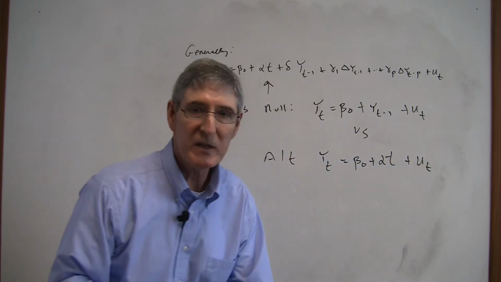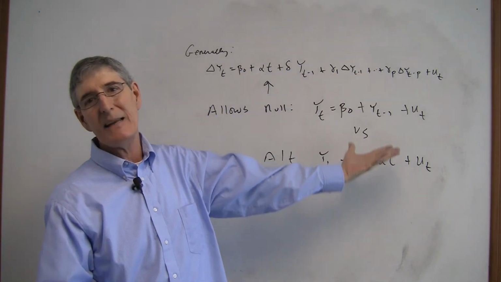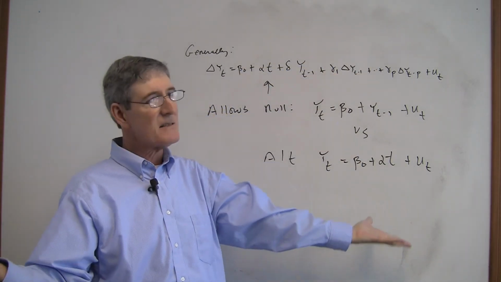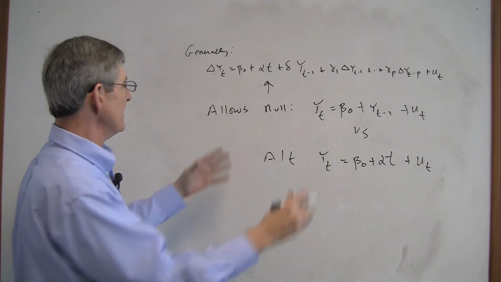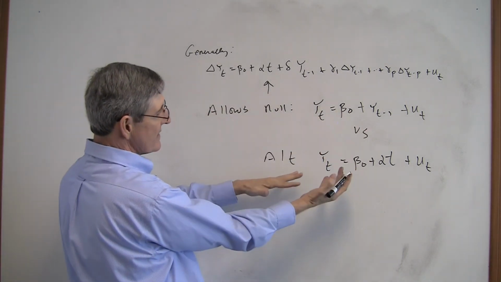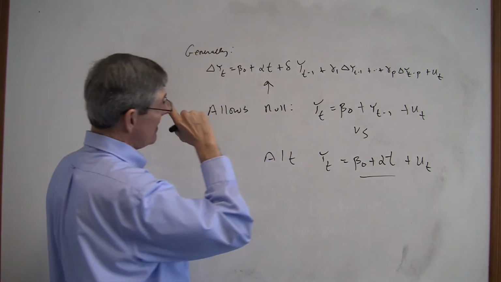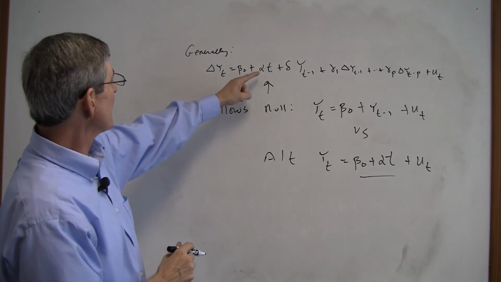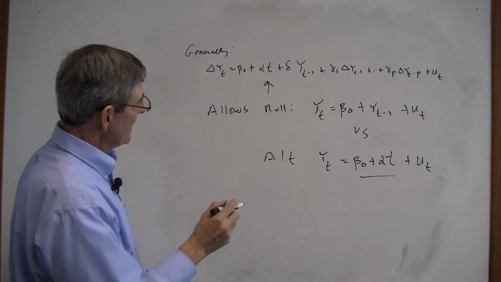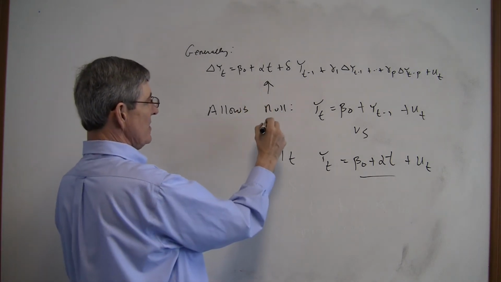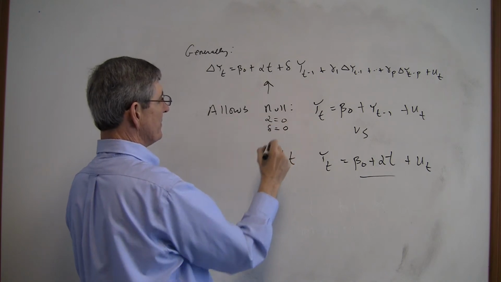So this is the test we usually do. You can see from the data that it has a trend. Y_t has a trend. Prices have a trend. All these variables have a trend. But what type of a trend is it? Is it stochastic or is it a deterministic trend? And we can answer that by looking at this alpha and this delta coefficient. So the null is alpha equals 0 and delta equals 0.